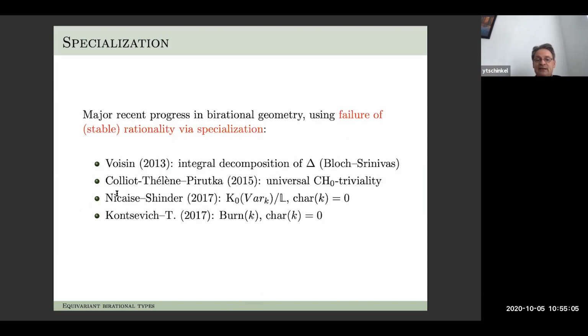And then Nicaise and Shinder, who showed that stable rationality specializes by using the K0 of varieties modulo the class of the affine line. And then Maxim and I generalized this by simply looking at the Burnside group, which is the free abelian group on birational types, on equivalence classes up to birationality of algebraic varieties, and we showed that a class in the Burnside group specializes directly.